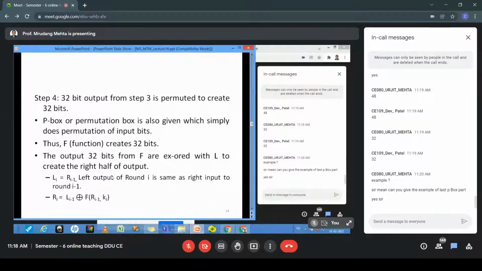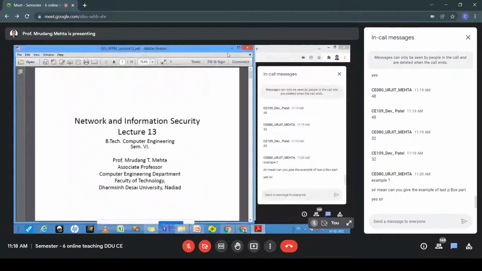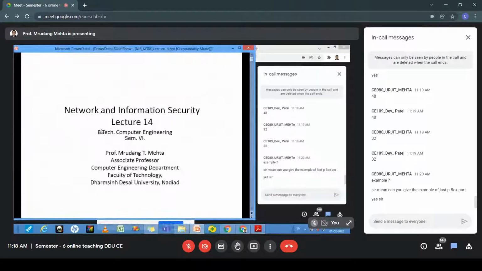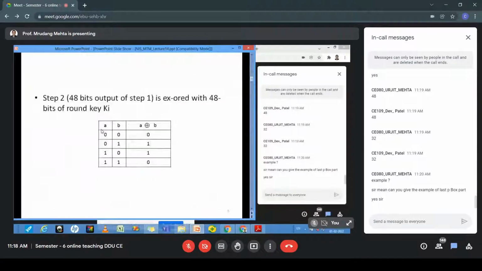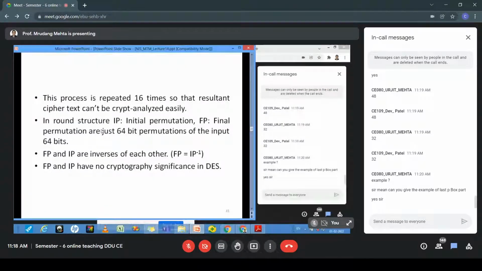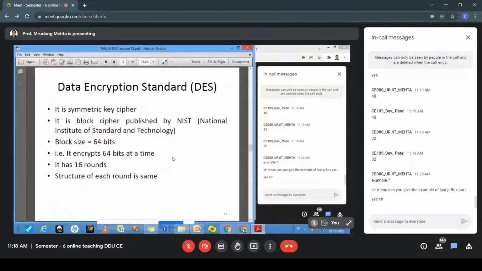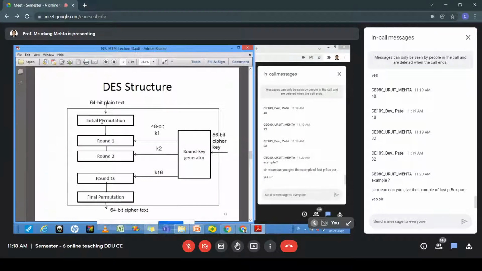In this, Li and Ri, if you recollect what we used to do, in fact it is also given in the beginning. See, can you see? Initial permutation, round, there are 16 such rounds, and then final permutation.